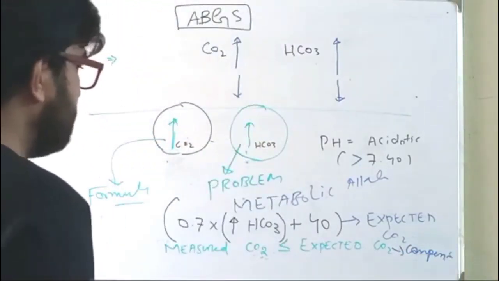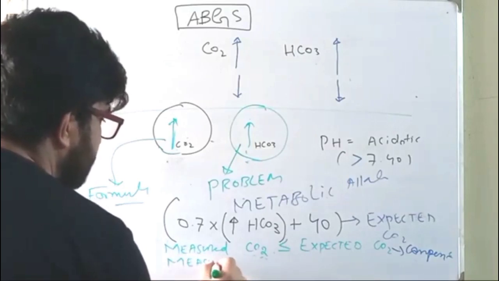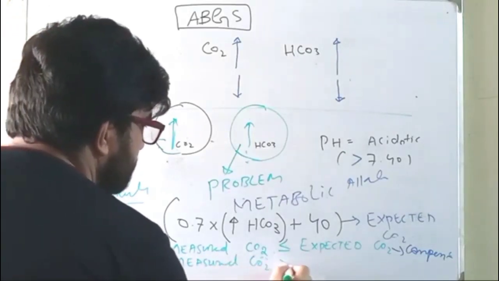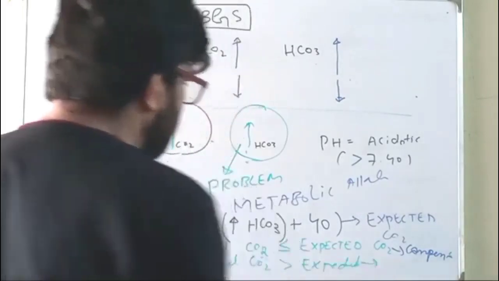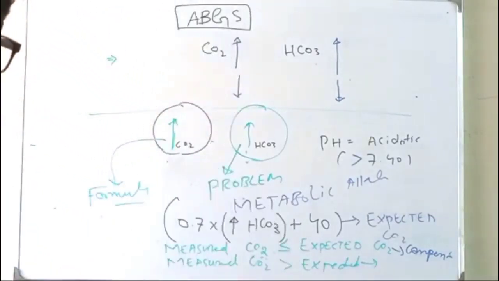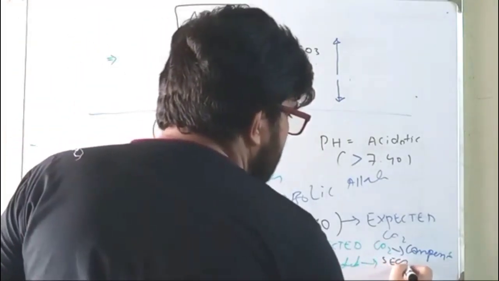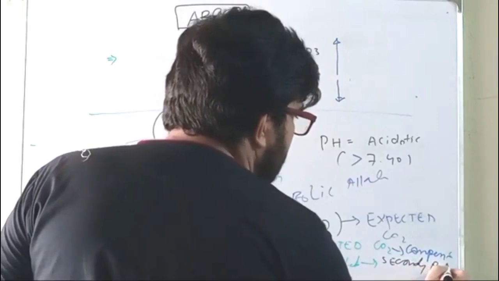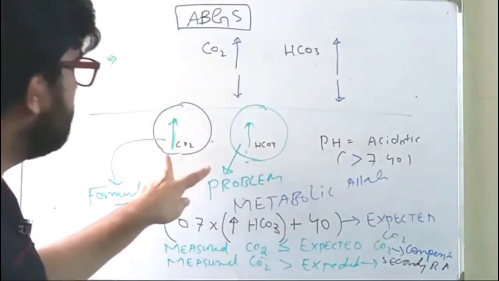If the measured CO2 is more than expected, what is this? Secondary respiratory acidosis. So the problem is there when both arrows are moving upward.